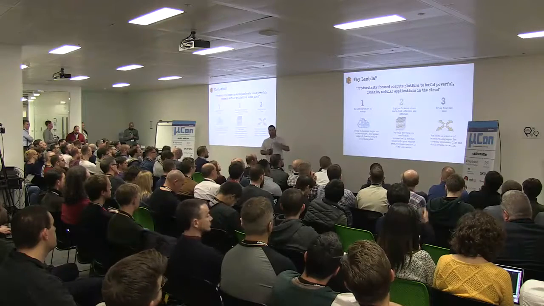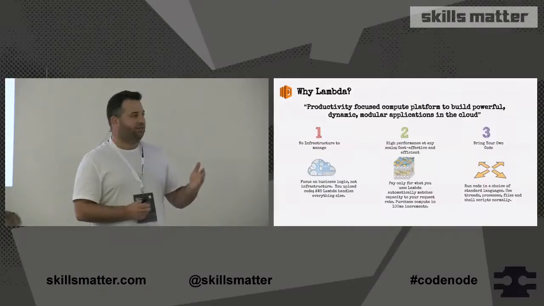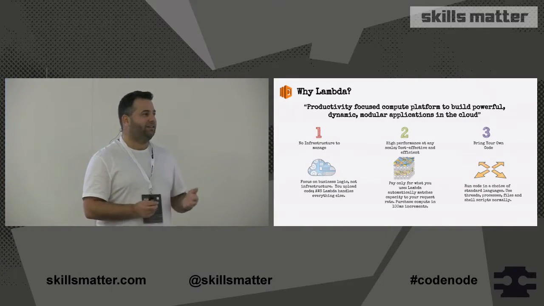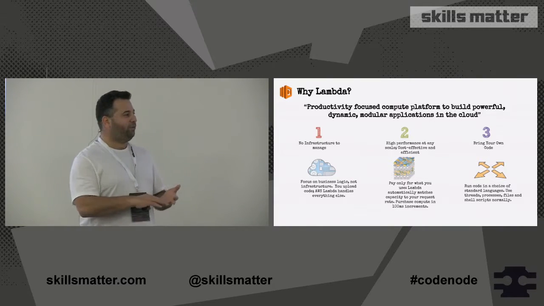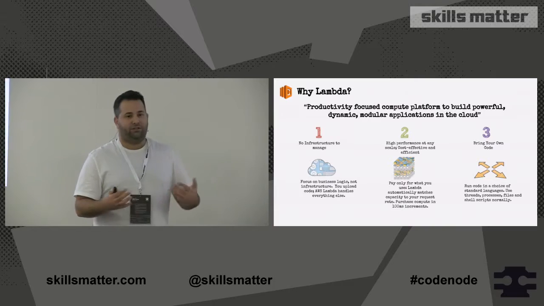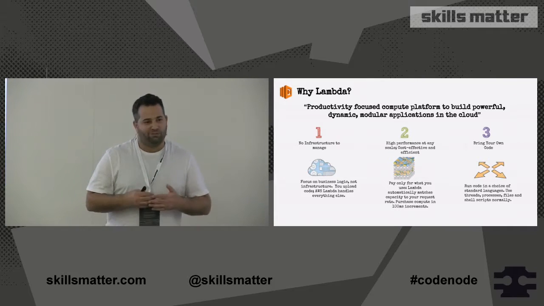Because Lambda will scale up as needed, and it will scale down as needed. It has enough compute power. You define the memory that you need to use, and it's all done for you. So all you need to do is write good code, which is hard, but that's all you need to do.